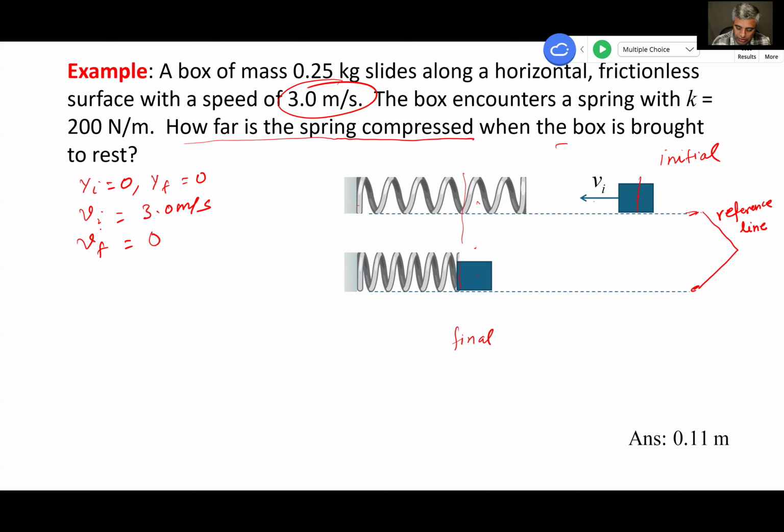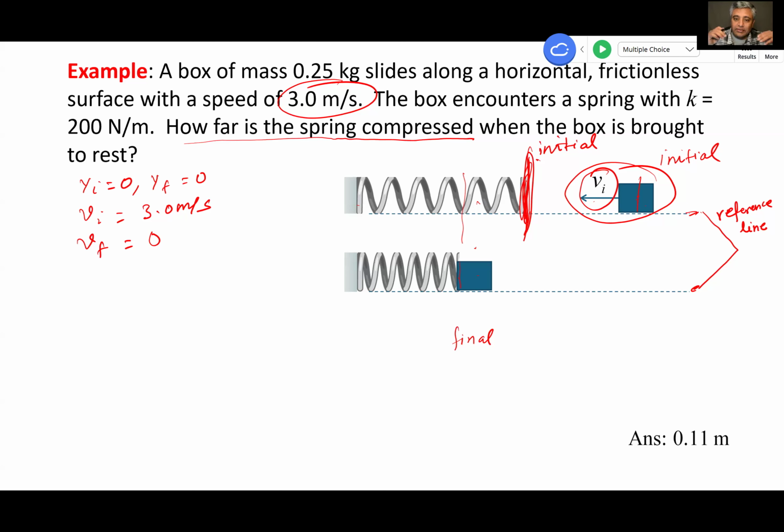So now, since there is a spring involved, we also have x, the stretch or compression of the spring. Initially, what happens? So this is initial for the spring, okay? Right before this thing touches, it is moving with speed vi, and what's the stretch or compression in the spring? It is neither stretched nor compressed.